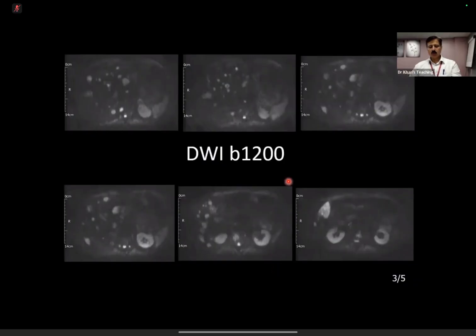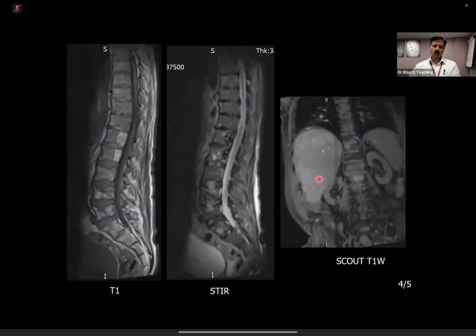Excellent. So this was melanoma metastasis, and if you see here, this T1 is very interesting. On a T1 weighted sequence, you can see this high signal here. And usually high signal on a T1 weighted sequence is good news in marrow, but this is an exception.